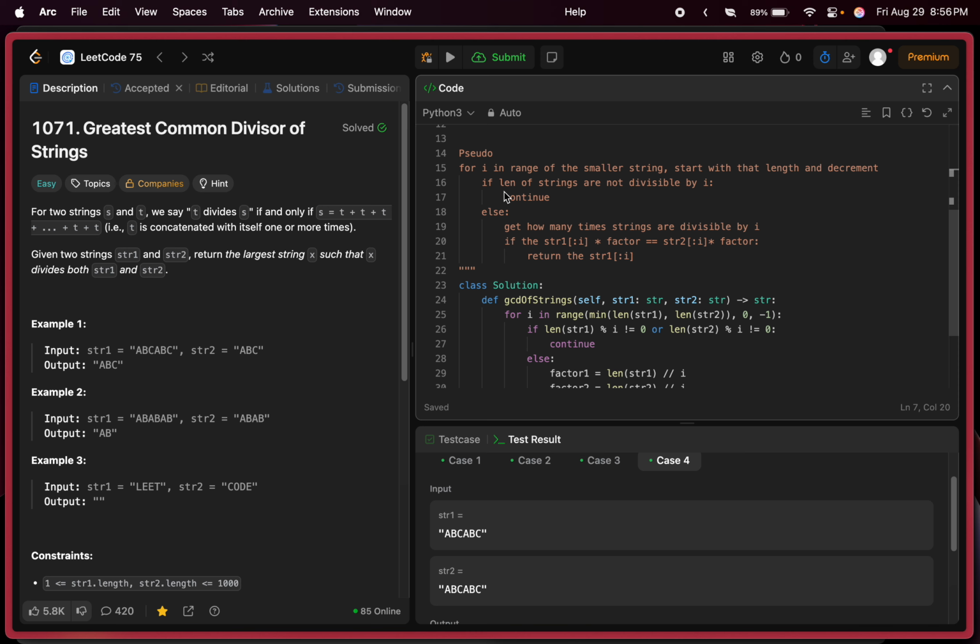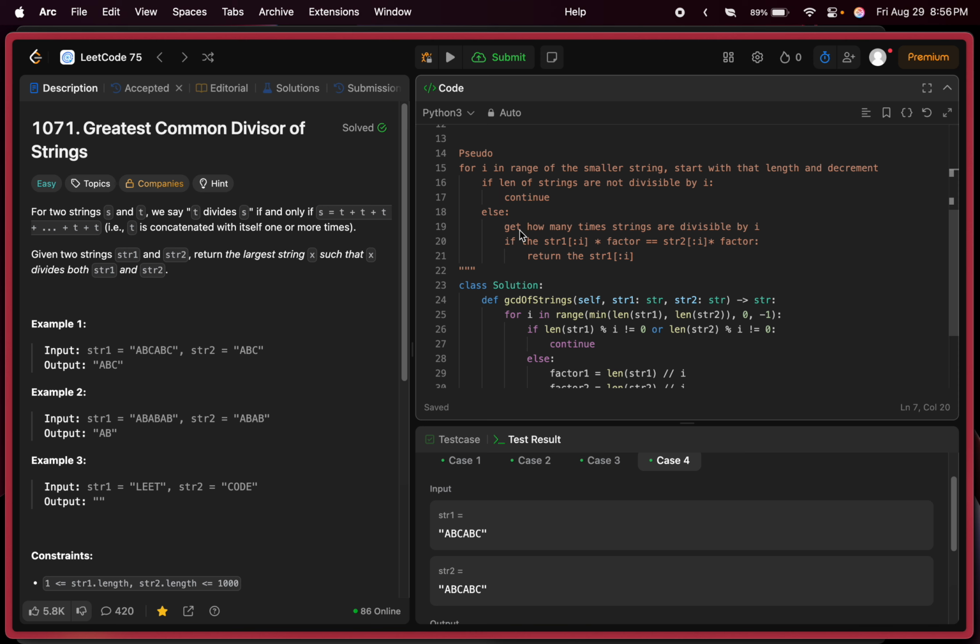Running through this now. If the lengths of the strings are not divisible by i, then we continue. We know that the length needs to be a factor of both string 1 and string 2, because we need to multiply it.